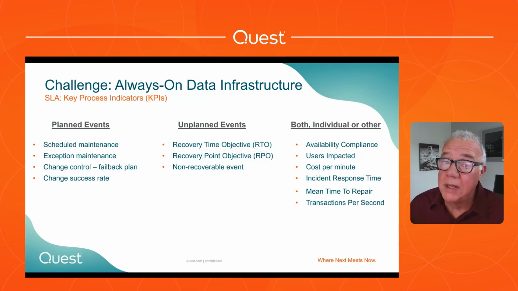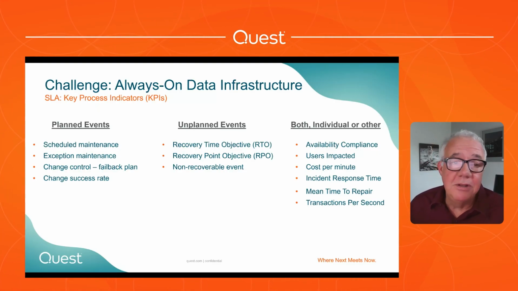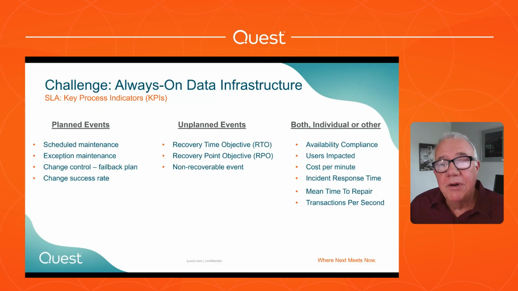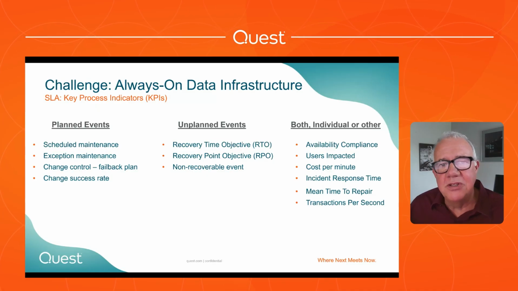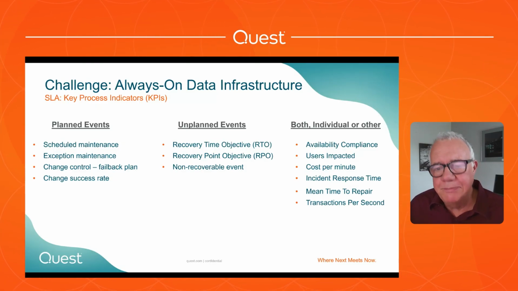Recovery point objective. What data will be there? All of these should have meaning to you. If they don't, just do a little ChatGPT, Copilot, whatever. But gather information in your environment regarding these different KPIs, because there are specific capabilities in SharePlex that can help contribute to this. Availability compliance may be the least well known.